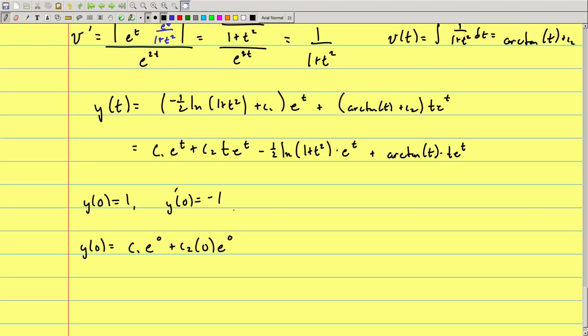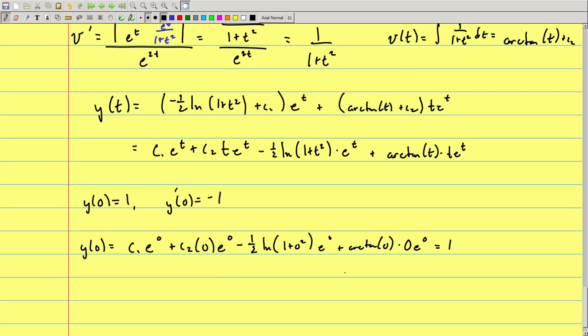So we're going to get C1 e to the 0 plus C2 times 0 e to the 0, minus 1/2 the natural log of 1 plus 0 squared times e to the 0, plus the arctangent of 0 times 0 e to the 0. And this whole thing equals 1.